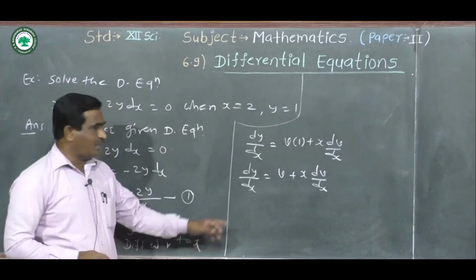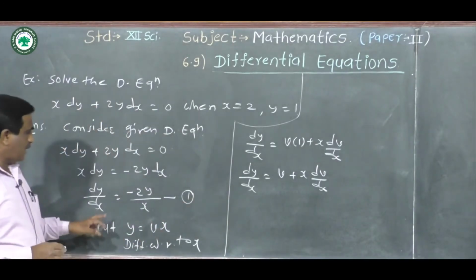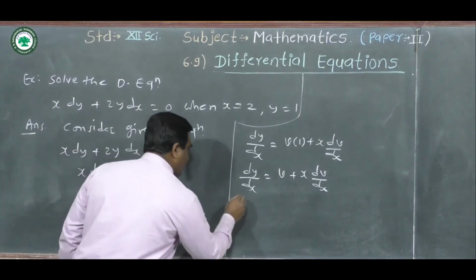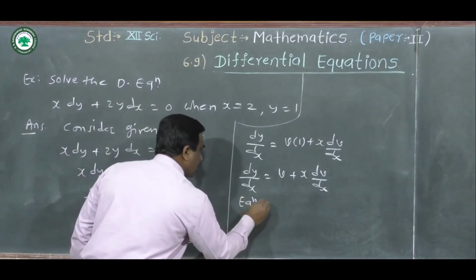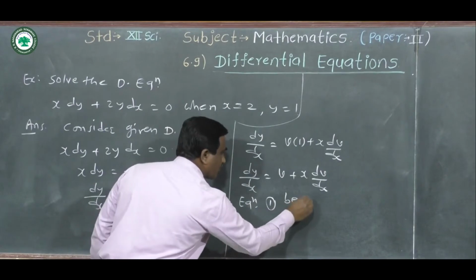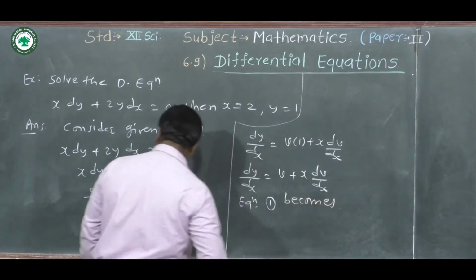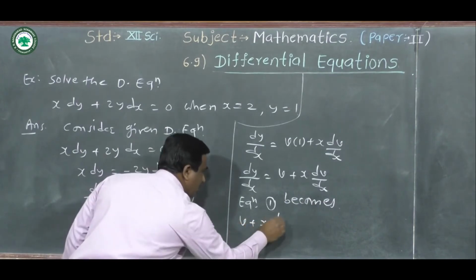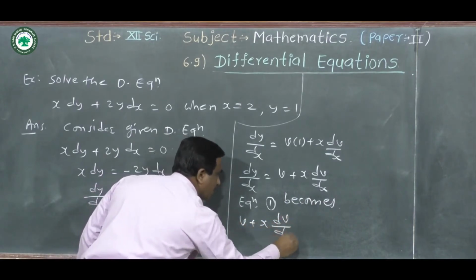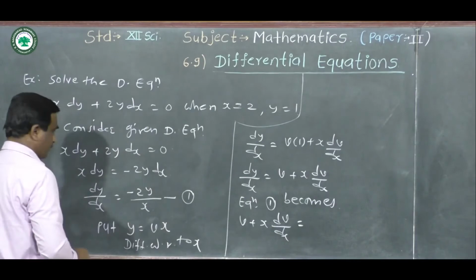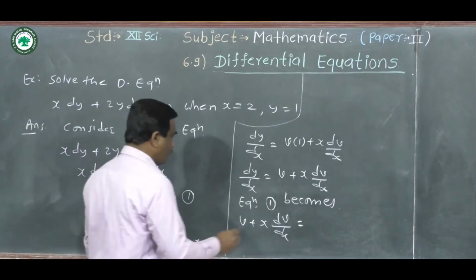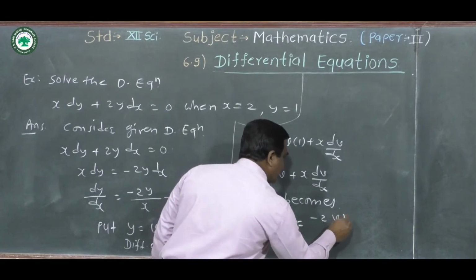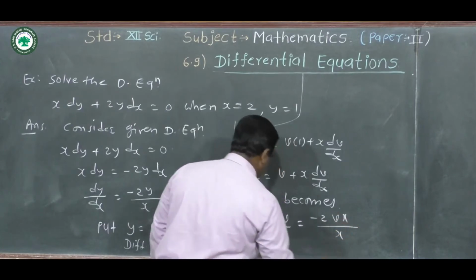Now put this value of dy by dx and value of y in equation first. Then equation 1 becomes dy by dx, means v plus x into dv by dx, equal to minus 2y, means vx upon x.